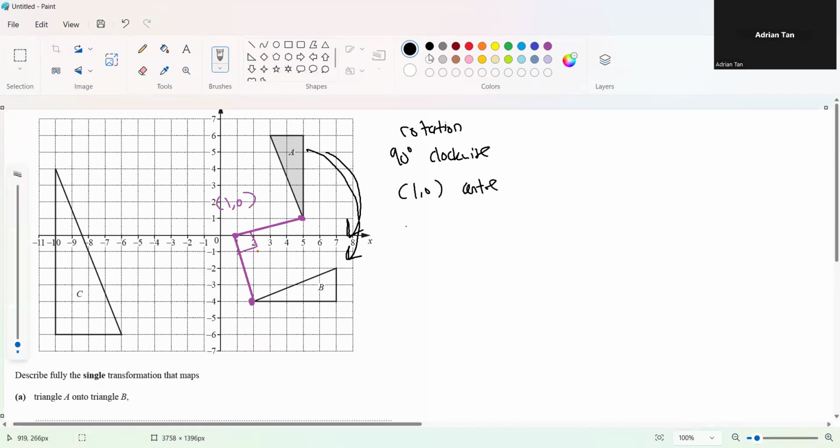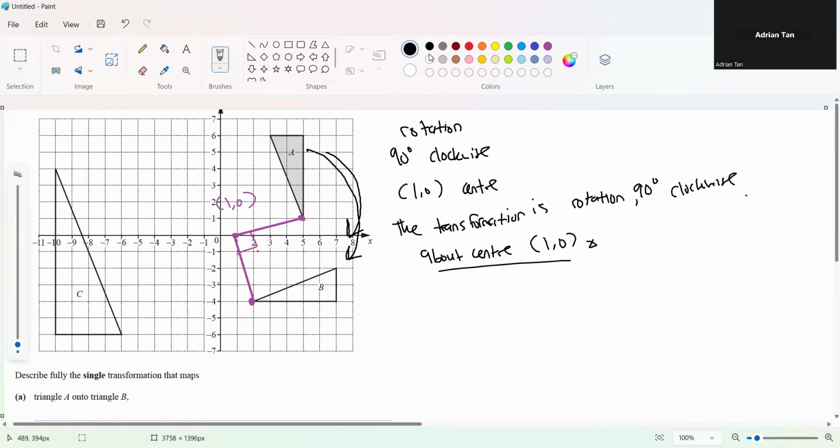So the transformation is a rotation, 90 degrees clockwise, about center 1, 0. And that's done. That is your 3 marks for your transformation.